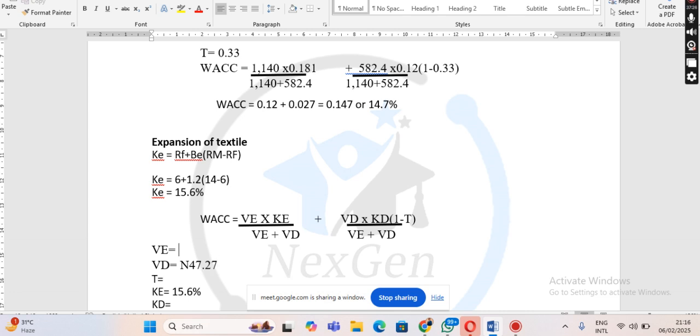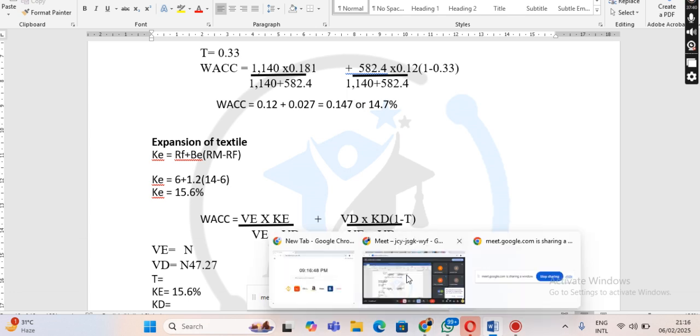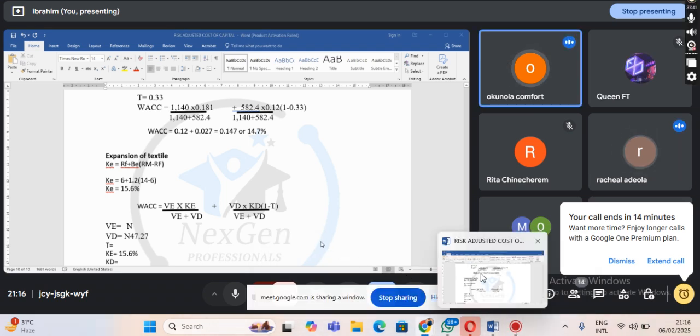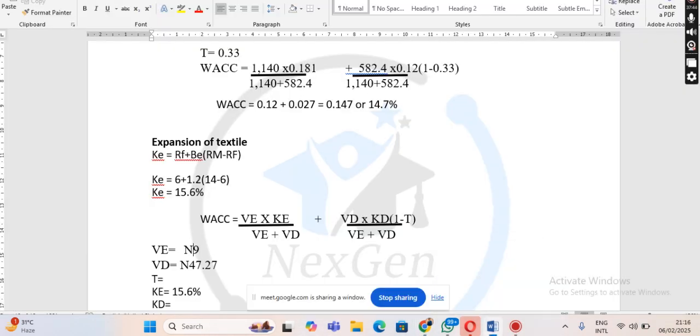Okay, what is the equity for the packaging? 92.75. Okay, 92.75.